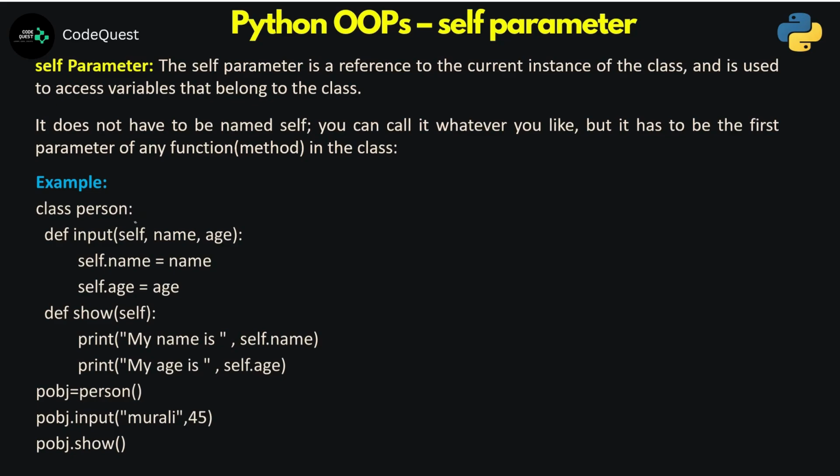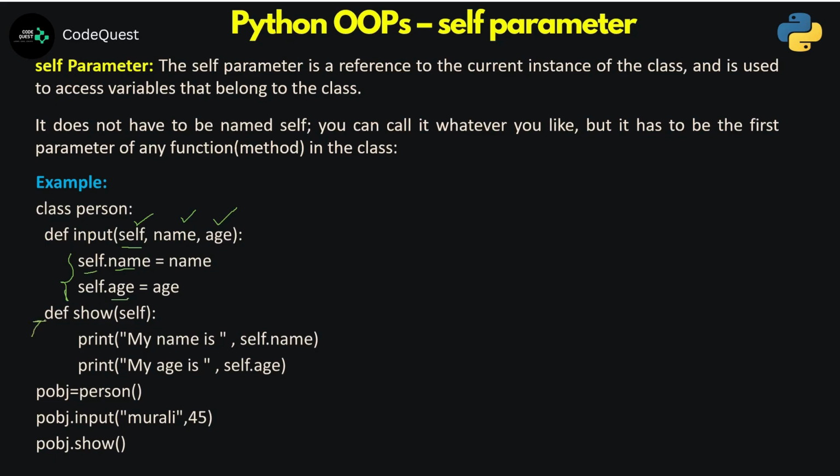So this is the self parameter, which is the first parameter by default. Apart from that, there are two other parameters we have taken. And what we have done inside this method is we have used the same self to refer to the parameters name and age.